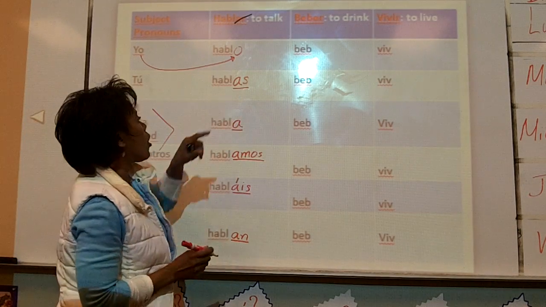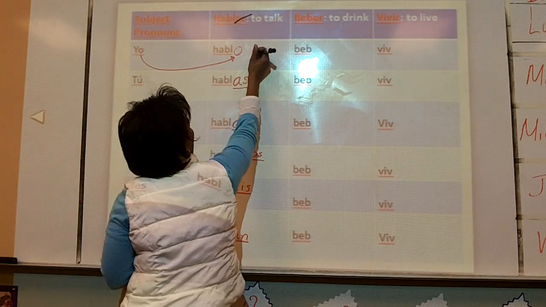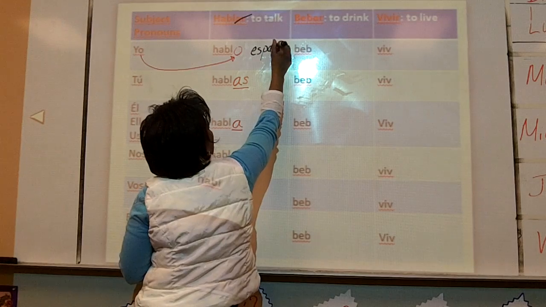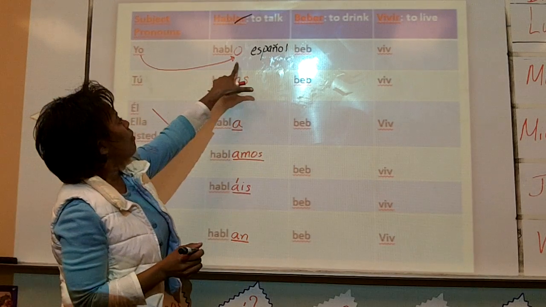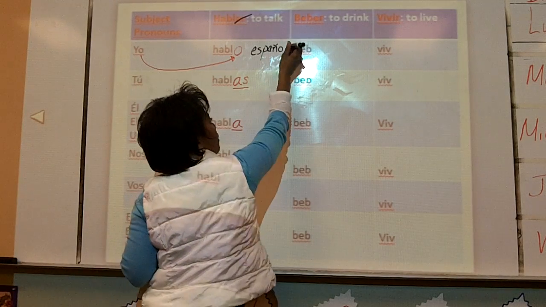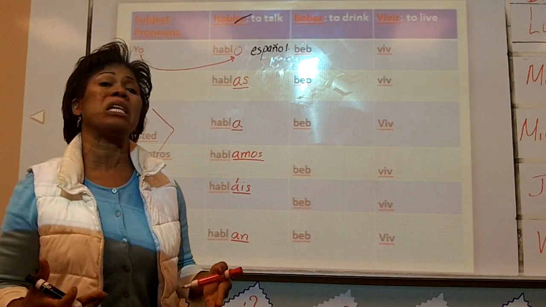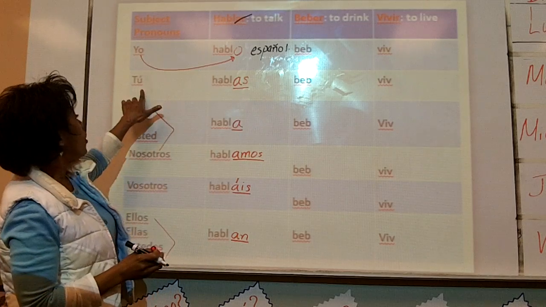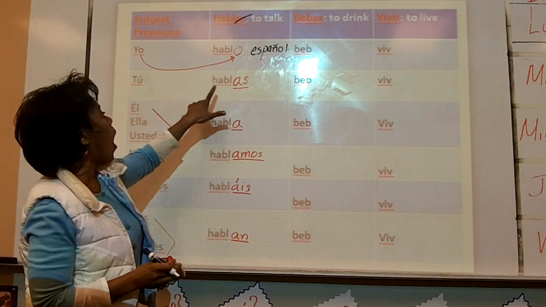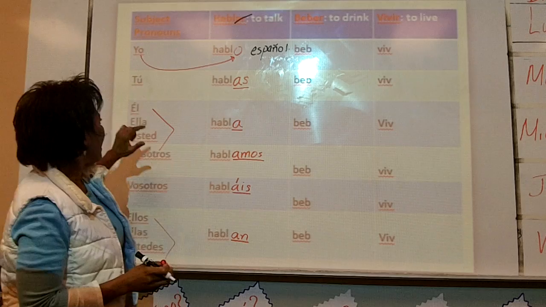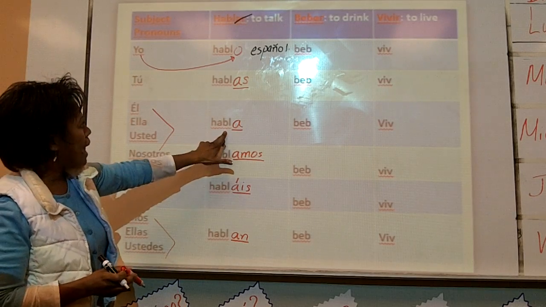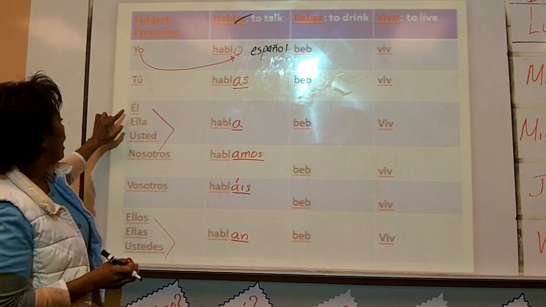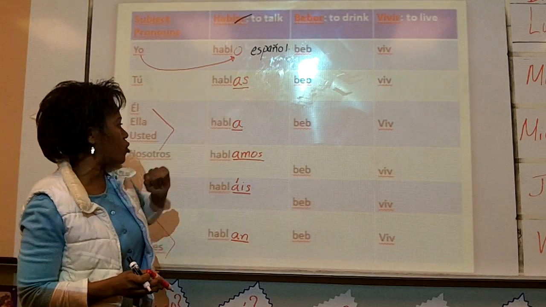When you say yo hablo español, por ejemplo, you're saying I speak Spanish or I am speaking Spanish. Tú hablas español, you speak Spanish or you are speaking Spanish. Él, ella habla español, he speaks Spanish or he is speaking Spanish.